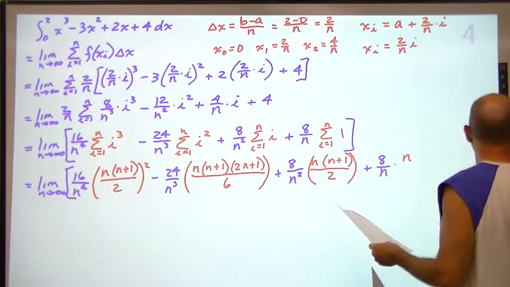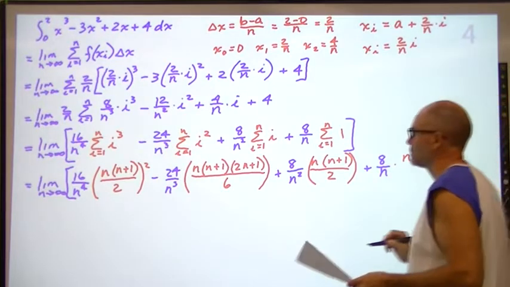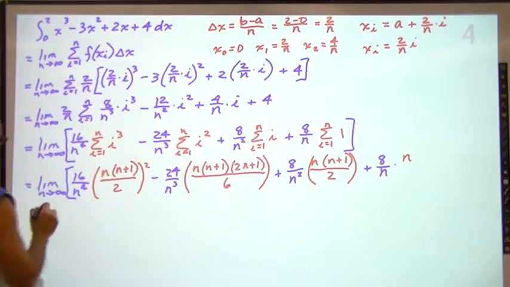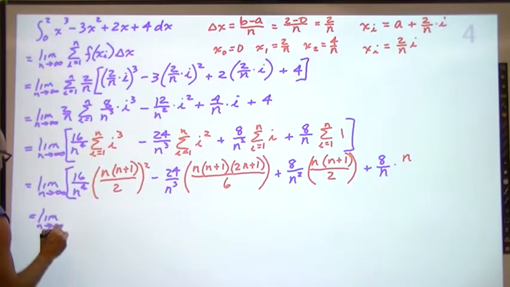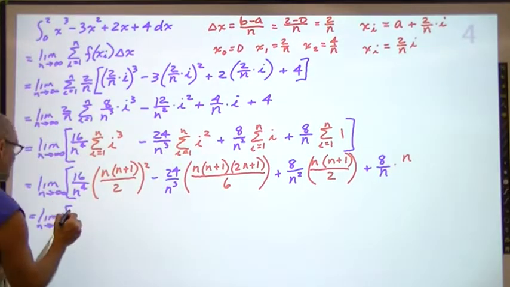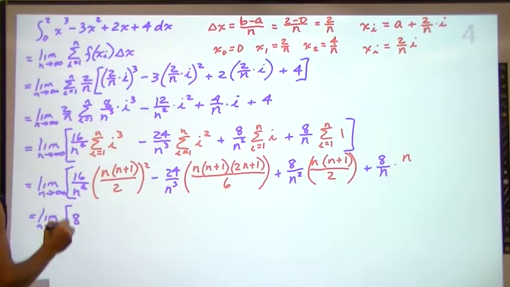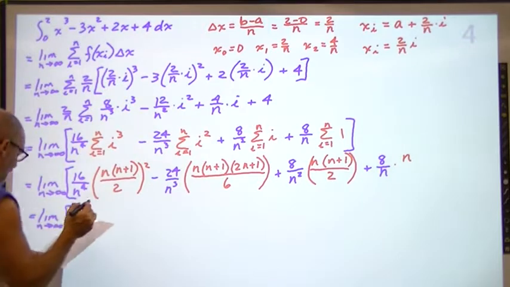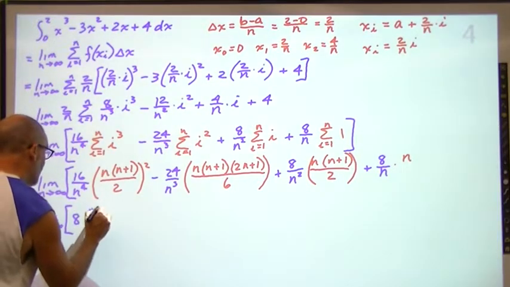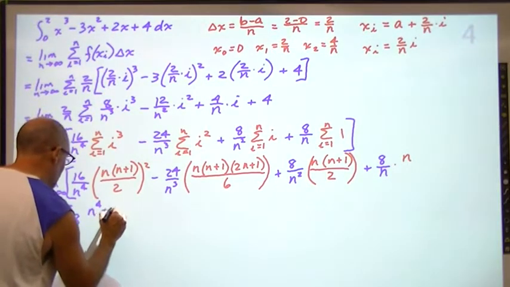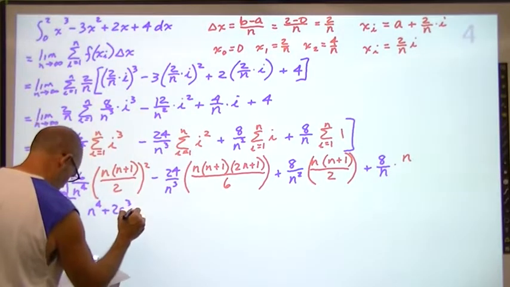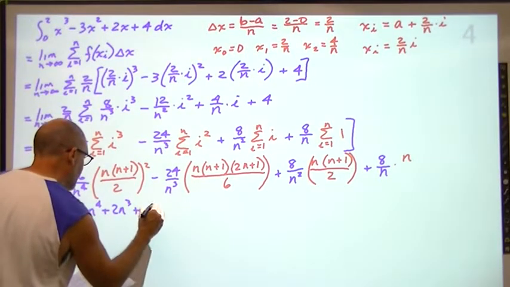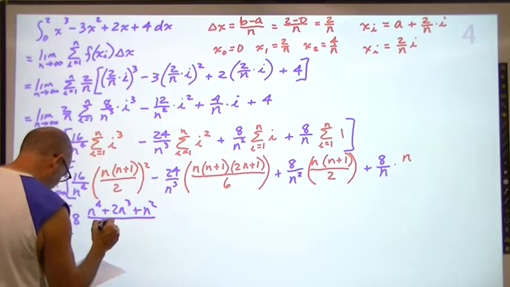So we've got the limit as n approaches infinity of, now 16 over 2 is 8, times, now the n times n plus 1 quantity squared is going to be n to the fourth plus 2n cubed plus n squared, all divided by n to the fourth.